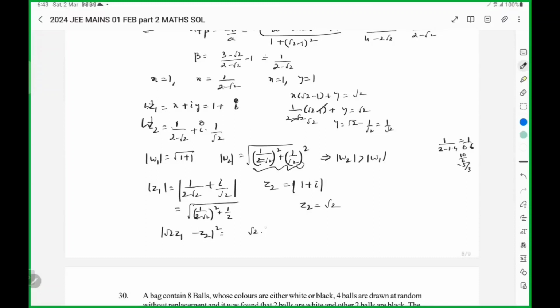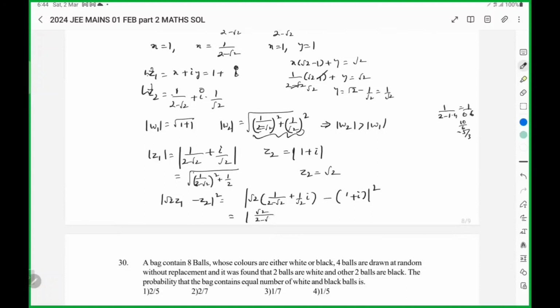That is 1/(2 − √2) minus Z2, plus i/√2 minus Z2 is only 1/√2 plus i whole square.